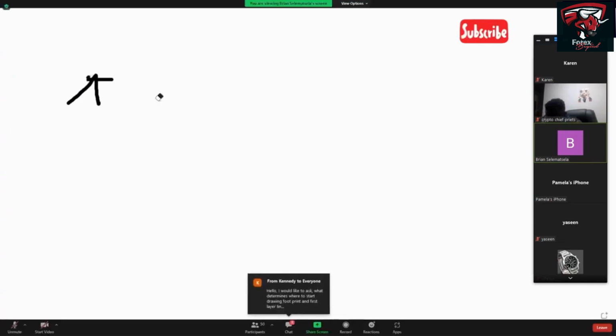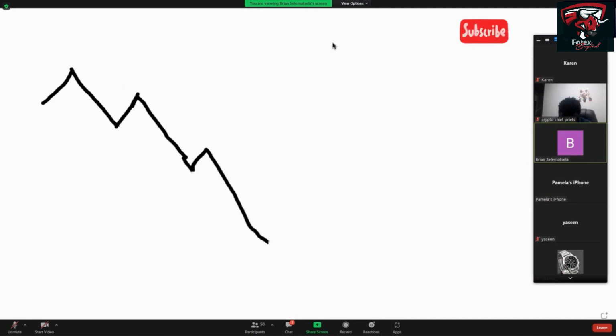Let me erase this and draw a scenario for you. This is my structure. From there, I will draw a footprint line, and after that I'm going to draw a first layer line.